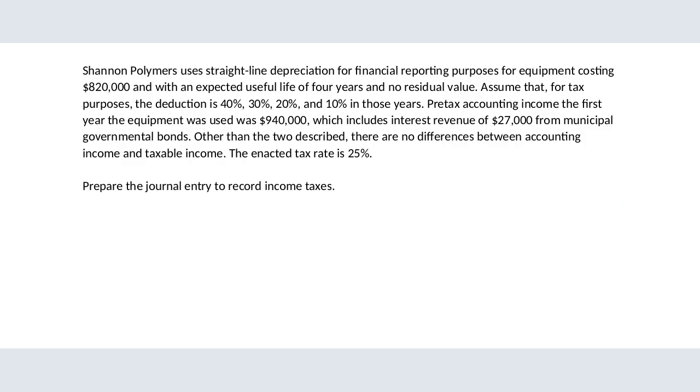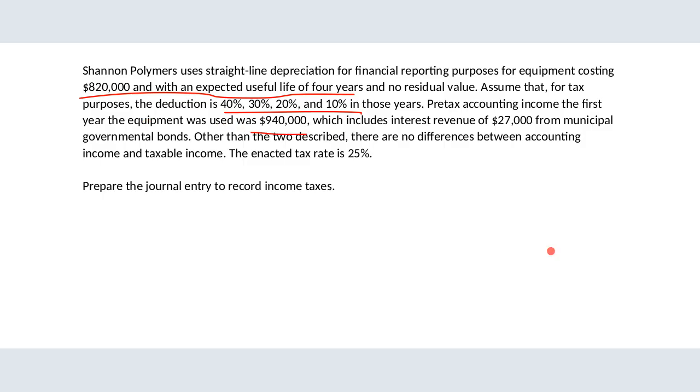So it looks like we have to calculate the depreciation here, which is fine. Assume that for tax purposes, the deduction is 40, 30, 20, 10% of the basis. So we also have to calculate the tax depreciation. Pre-tax accounting income, the first year the equipment was in use.